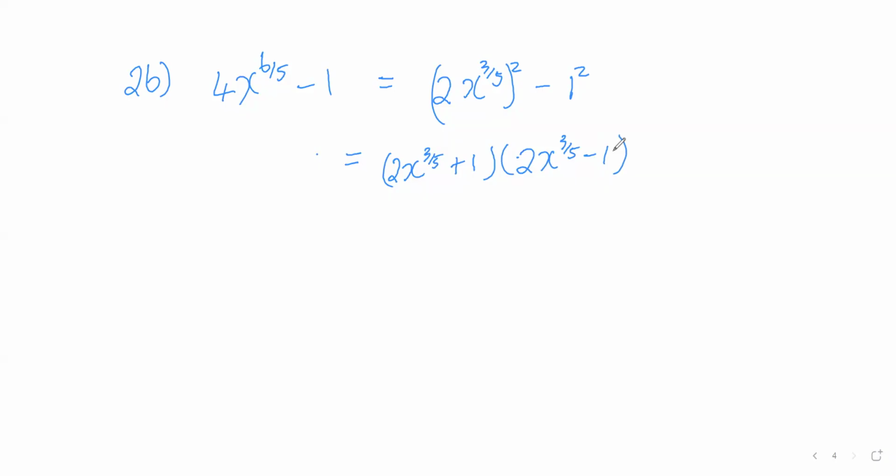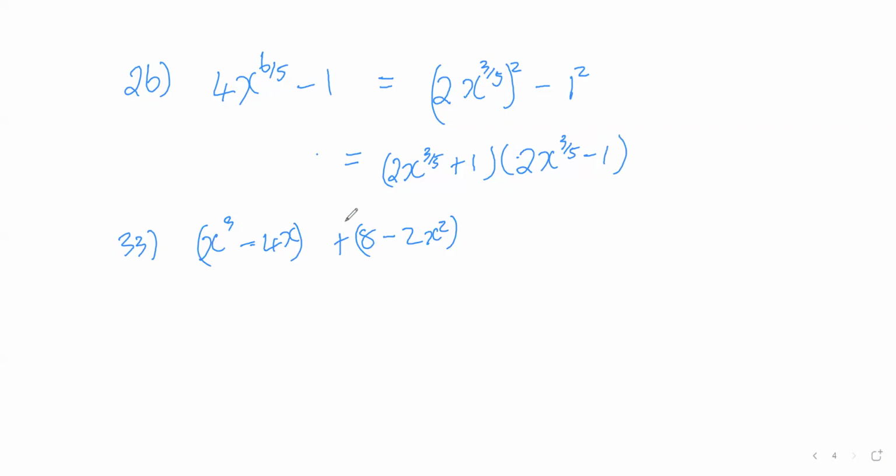Look at number 33. Number 33 says that x cubed, we're still factoring completely, minus 4x plus 8 minus 2x squared. Okay, and we want to factor this.